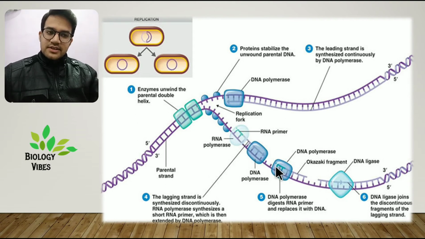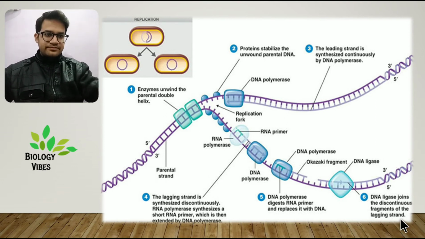Now this replication is done in the form of fragments. These are known as Okazaki fragments. At the end, DNA ligase is responsible for joining the discontinuous fragments of the lagging strand.